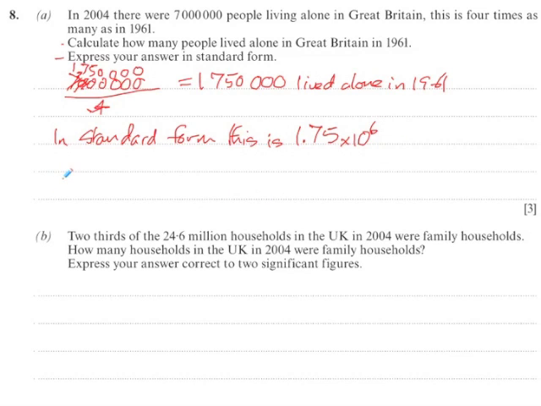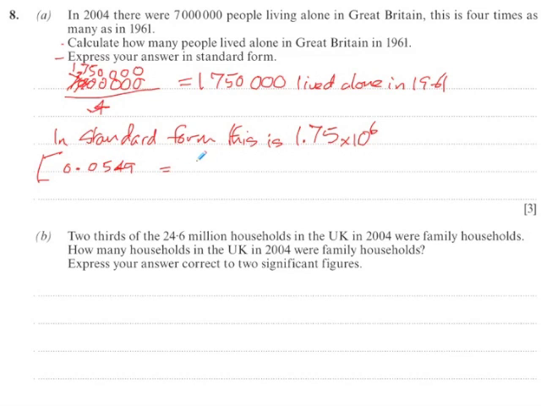Now, just as a reminder of what standard form is, you can do that with numbers less than 1 as well. So, for example, 0.0549 in standard form would be equal to, moving the decimal point again, 1, 2.